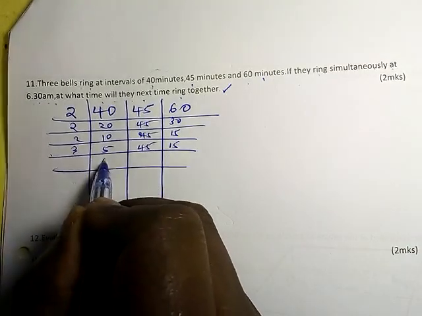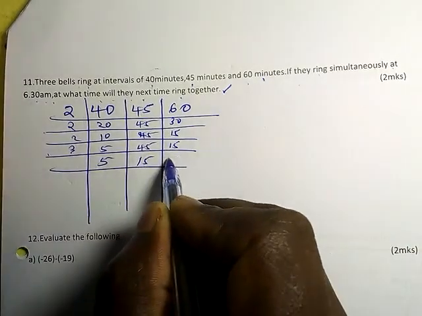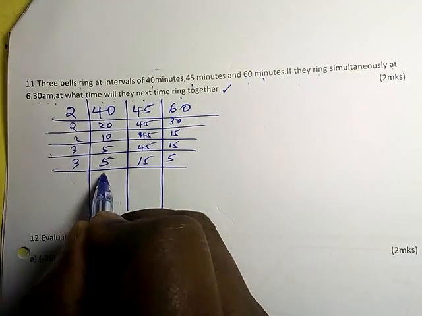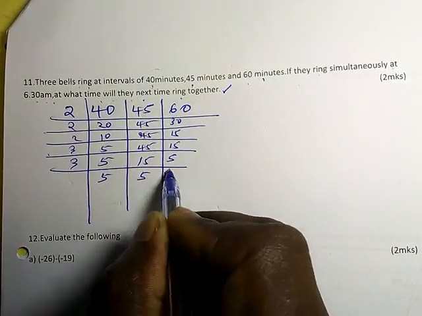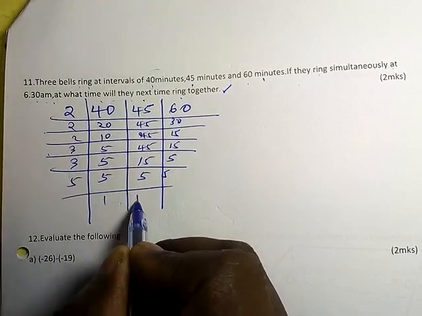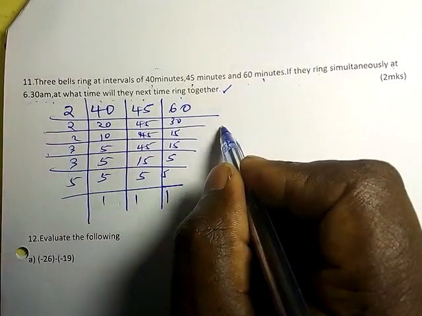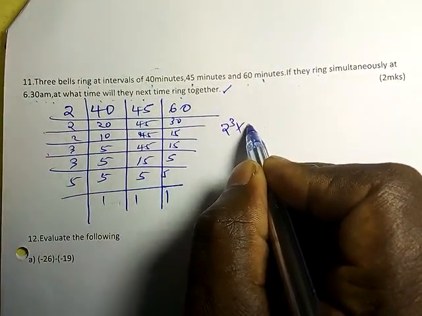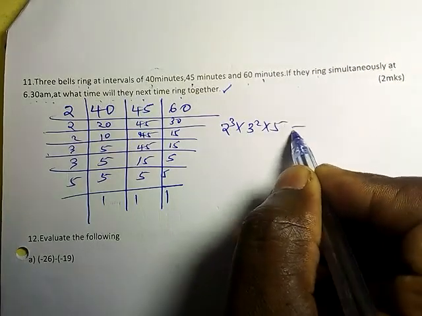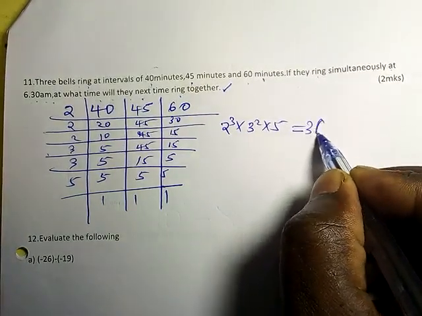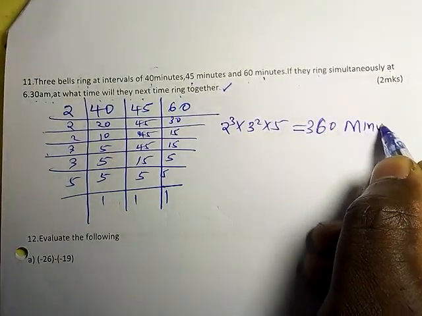Then 3: 5, 15, 5. 3 again: 5, 5, 5. And then 5: 1, 1, 1. So 2 raised to power 3 times 3 raised to power 2 times 5 will give us 360 minutes.